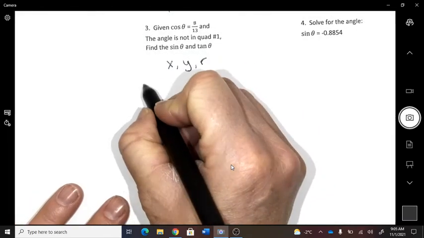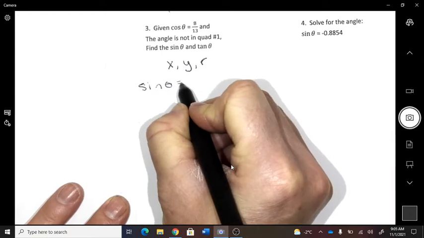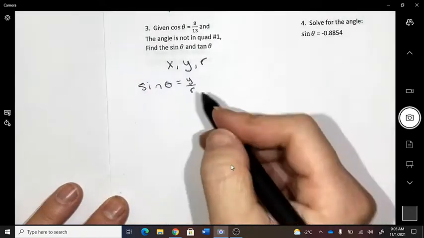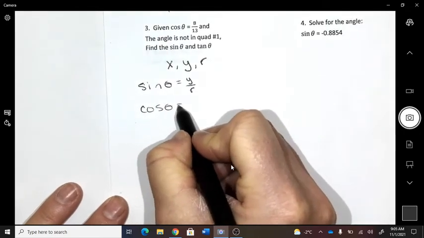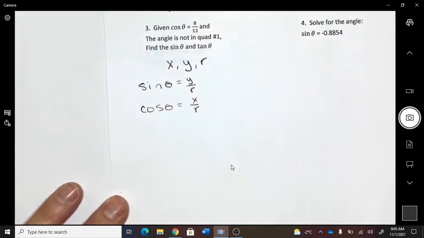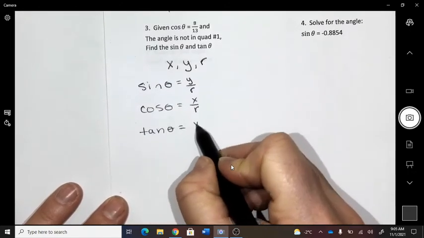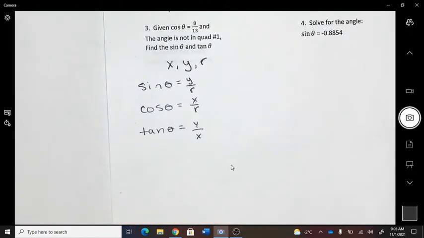Sine angle equals y over r. Cos angle equals x over r. And tan angle equals y over x. Those will be given to you on the test.